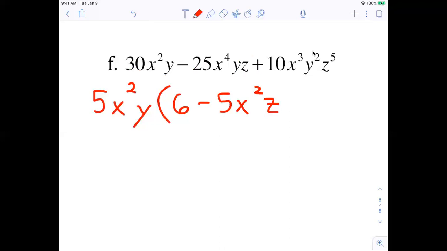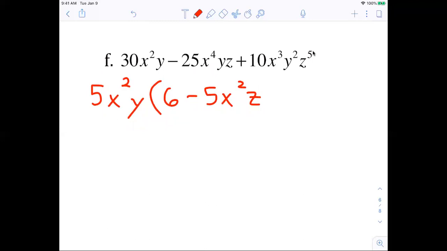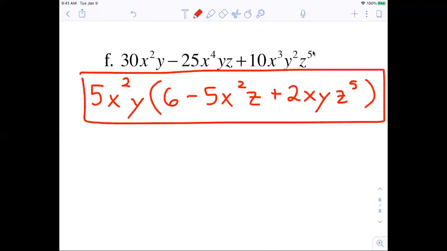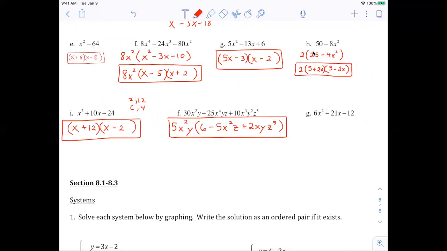So that's going to be our middle term, negative 5x squared z. On the end, 5 times 2 is 10. x squared times x is x to the 3rd. y times y is y squared. And I need my z to the 5th. So there is that problem in factored form, factoring out the GCF.